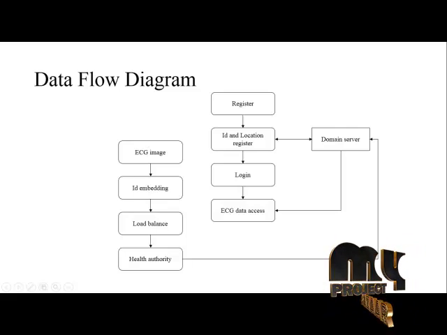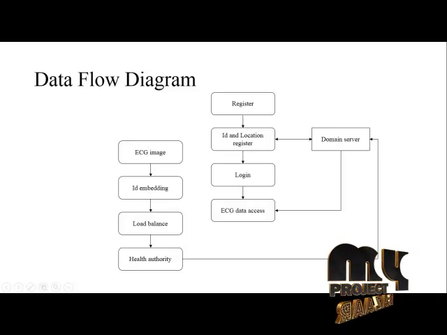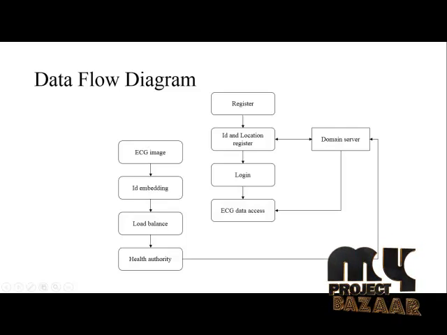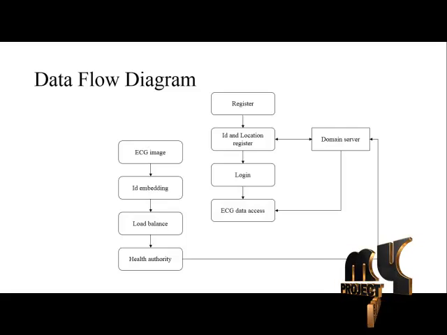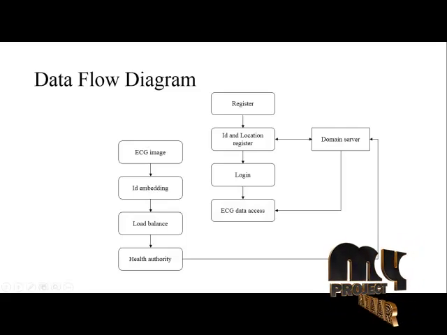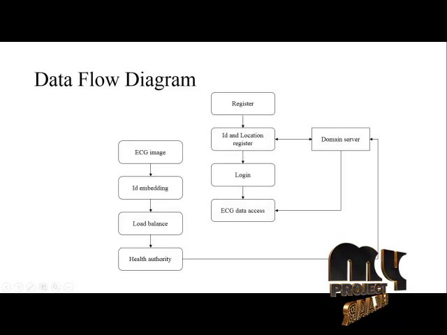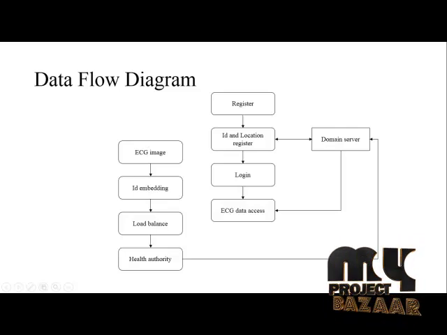After logging in, the user has domain-based data access to the ECG data of the patients or of themselves. We can access the ECG data using the domain server. We send the access data to the health authority.